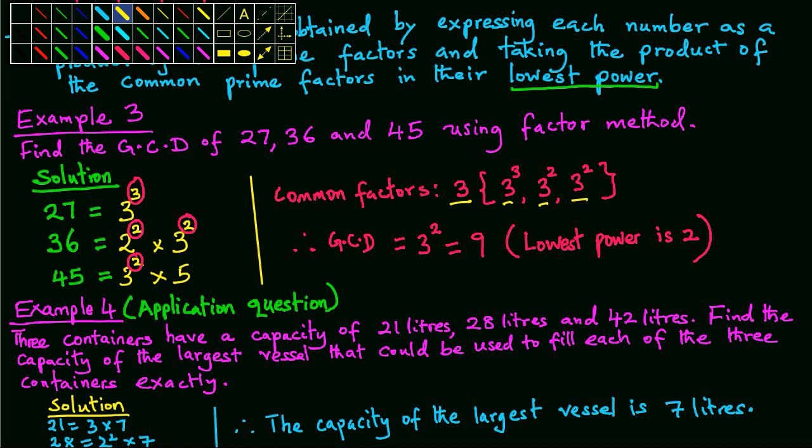So in this case, we take the common prime factor which has the lowest power. So we are going to take 3 power 2 as the GCD, and 3 power 2 is 9. So the GCD of 27, 36, and 45 is 9.